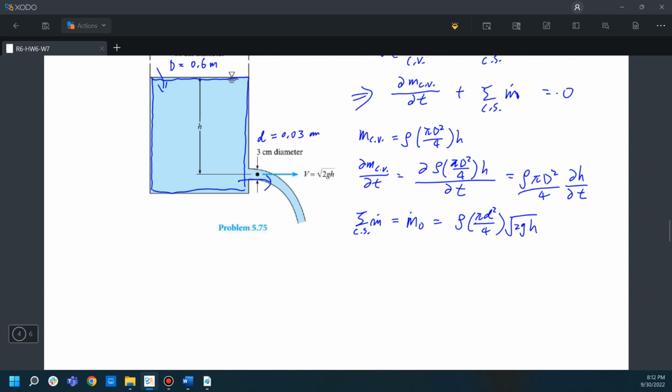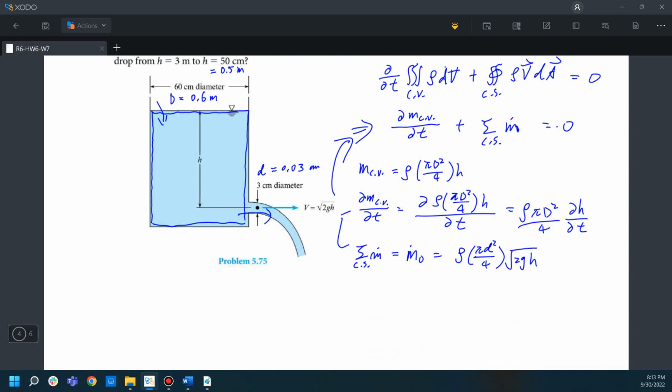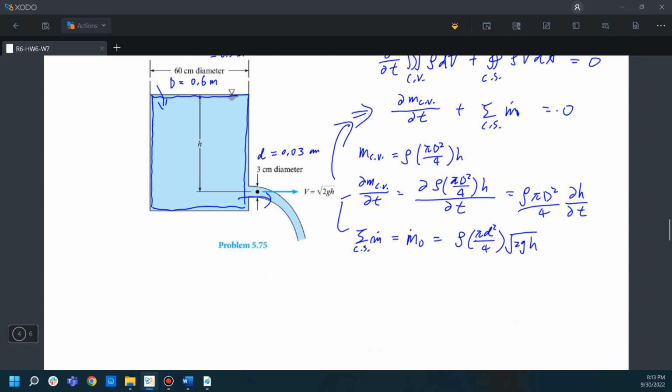Okay, so let's write these two terms together and plug back into the continuity equation. So what we got here is ρπd²/4 ∂h/∂t is equal to ρπd²/4 square root of 2gh.